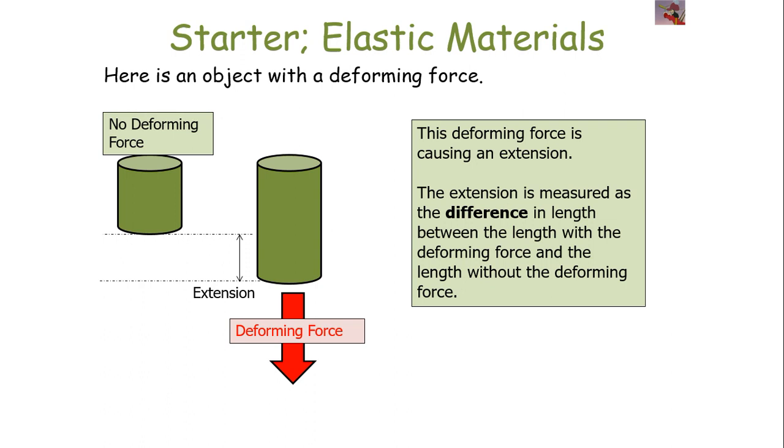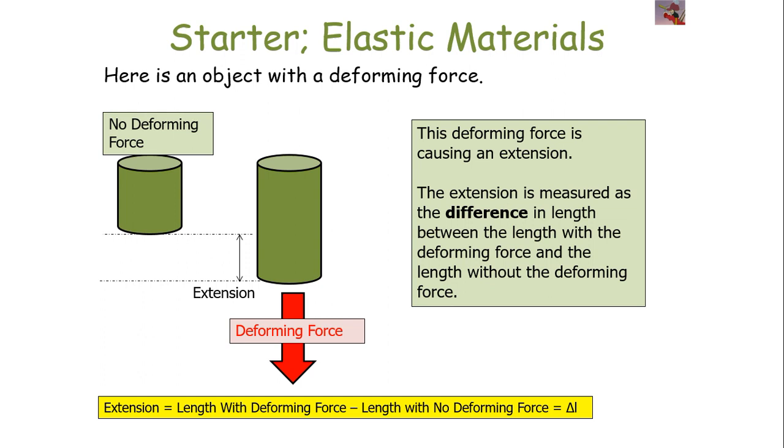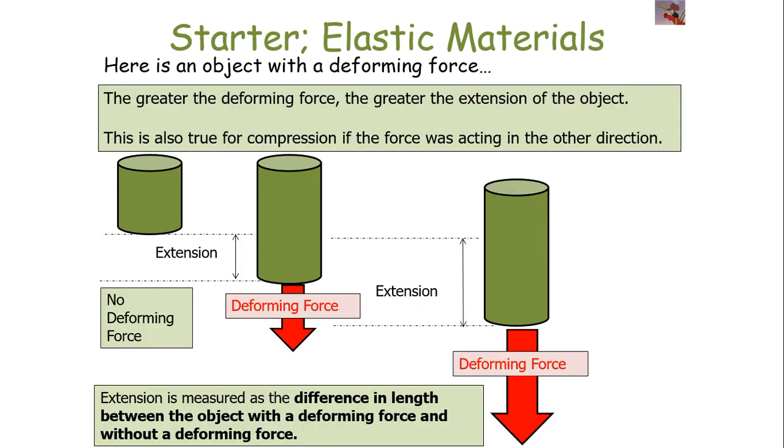Extension is the difference in length between the length with the deforming force and the length without the deforming force. So the extension is the change in length of material, or delta L, triangle L. So it's the length with the deforming force minus the length with no deforming force placed upon it.